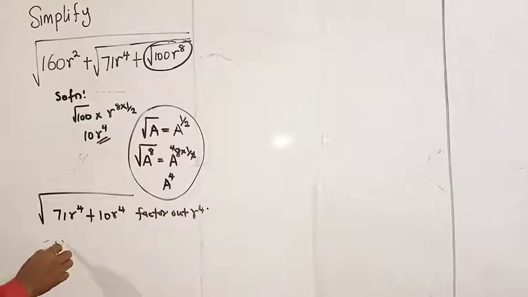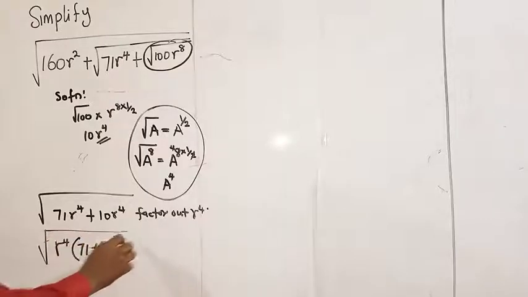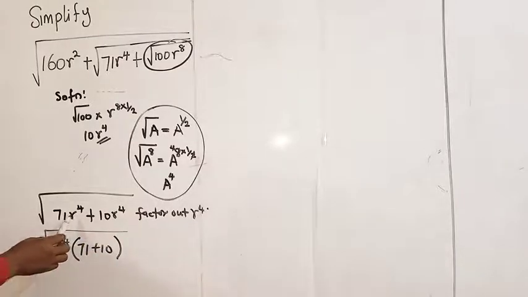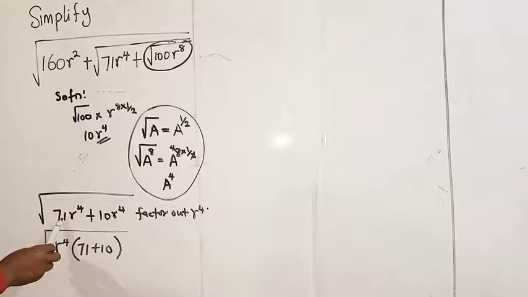So I'm going to have r raised to the power 4 bracket 71 plus 10. Remember what I did? r raised to the power 4 is here, and r raised to the power 4 is here. I brought them out. So what is remaining here is 71, and what is remaining here is 10. This plus this is going to give me 81.